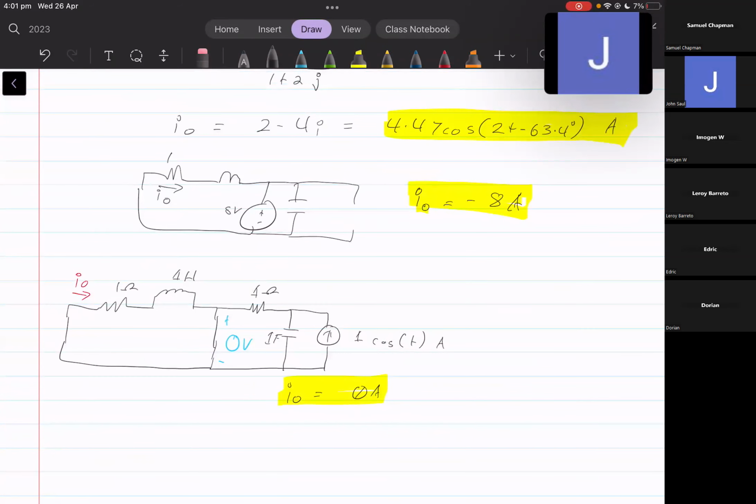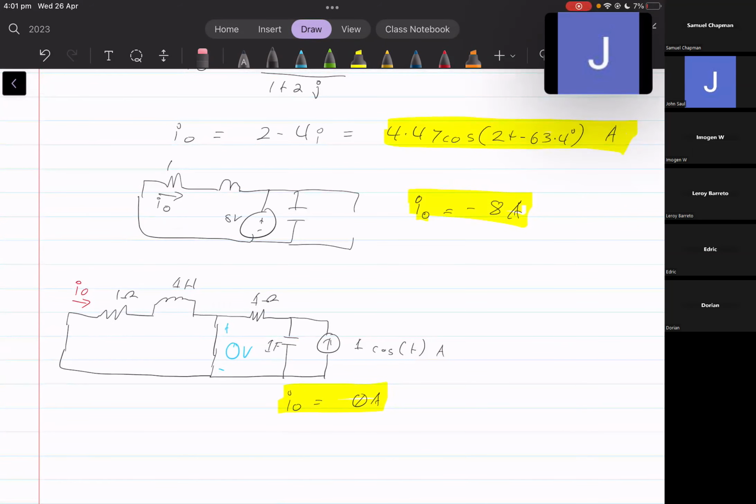Sorry, I don't get the answer. You don't get why it's 0 volts here? No, I get why it's 0, but why does that make the correct current?